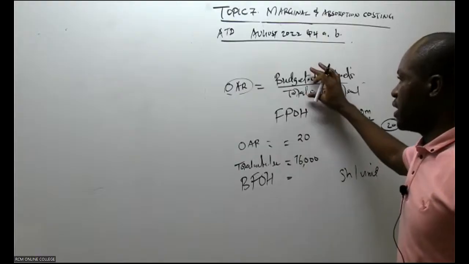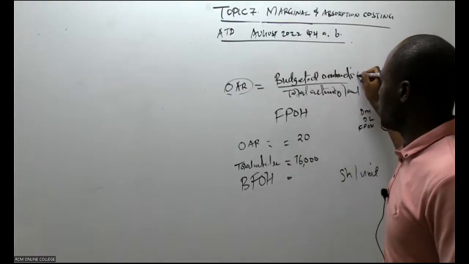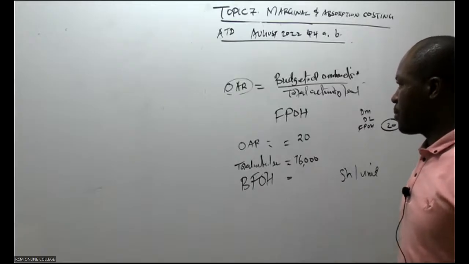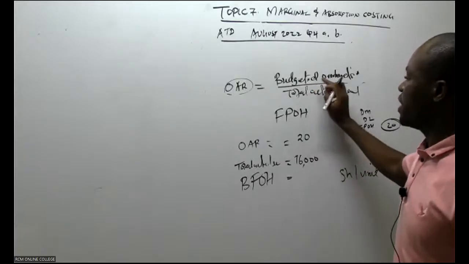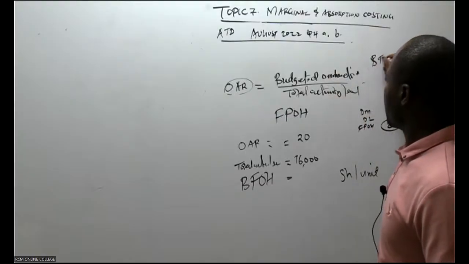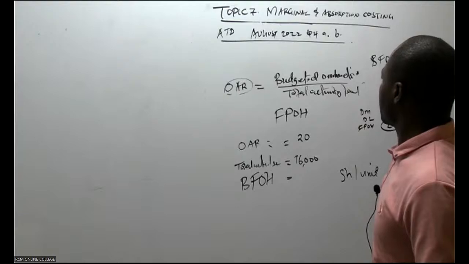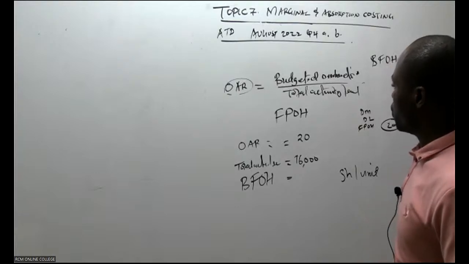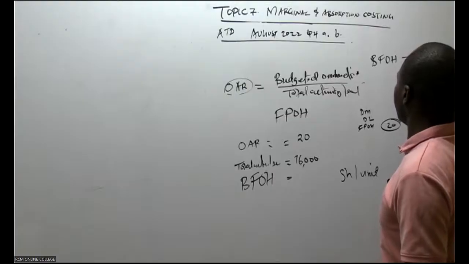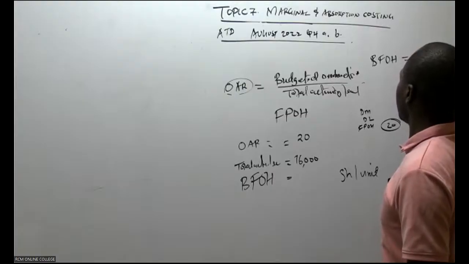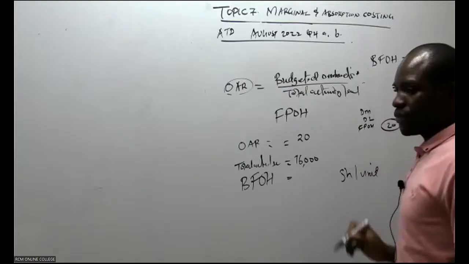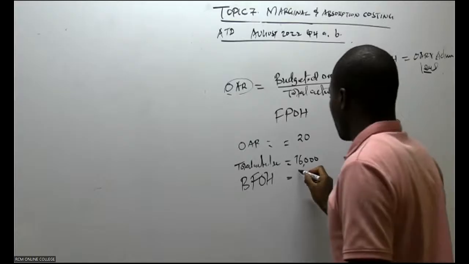Please go ahead and calculate for me. Make budgeted overheads the subject of the formula. So budgeted fixed overheads is equivalent to overhead absorption rate multiplied by activity level. If you do that, what will you have? We have 320.